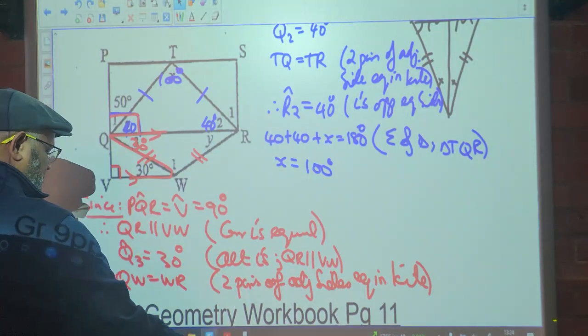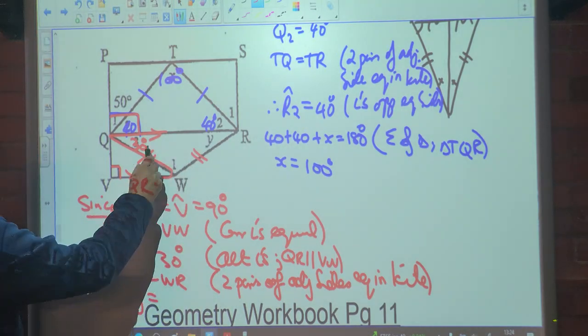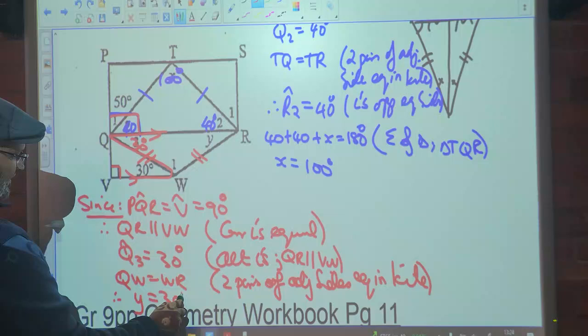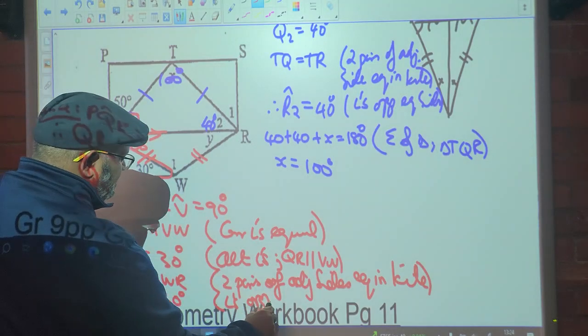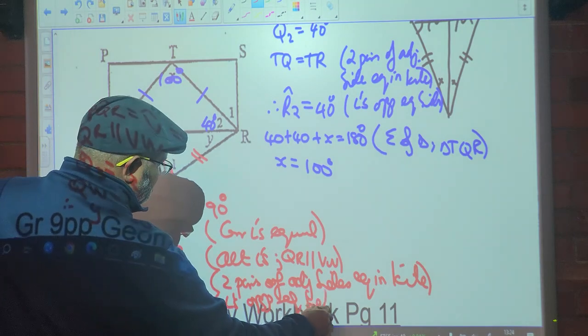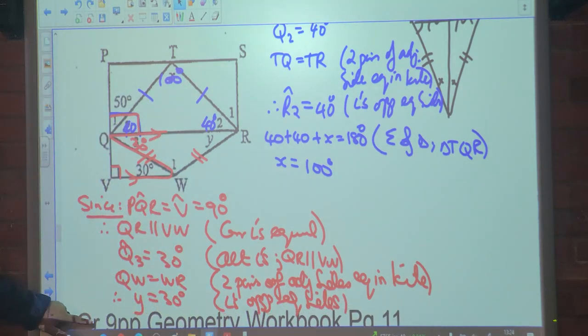Okay. So with that being equal, therefore y is equal to 30 degrees. And why is that the case? Angles opposite equal sides. Okay. Angles opposite equal sides.